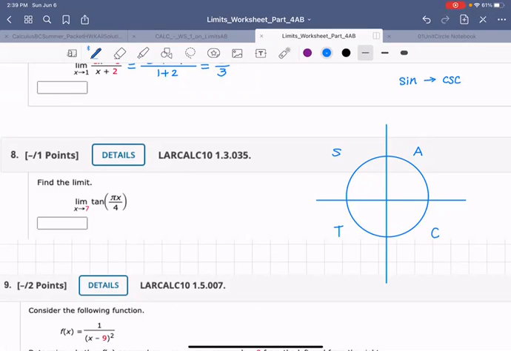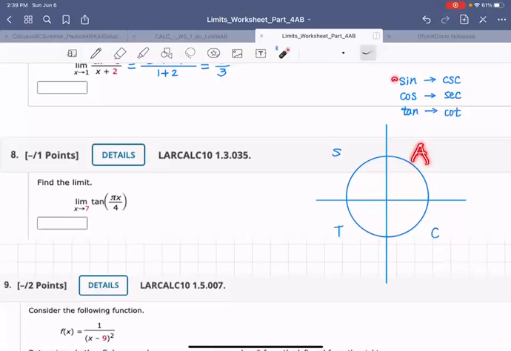As long as you know sine, you just do 1 over sine and you get your cosecant. You don't need to bother to remember the secant value. As long as you know your cosine value, secant is the reciprocal of cosine. Same thing, you don't need to remember your cotangent value as long as you remember your tangent value. So remember, sine and cosecant, cosine and secant, tangent and cotangent, those are 3 reciprocal pairs.